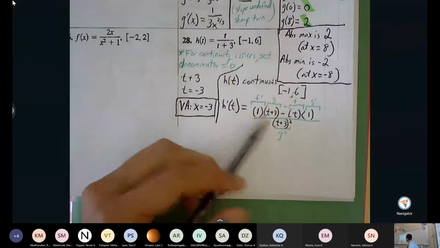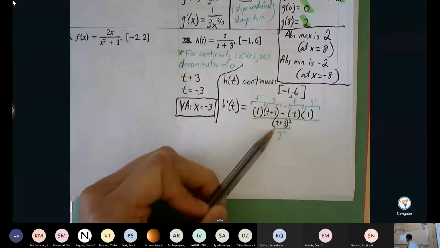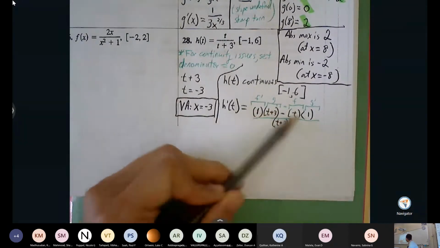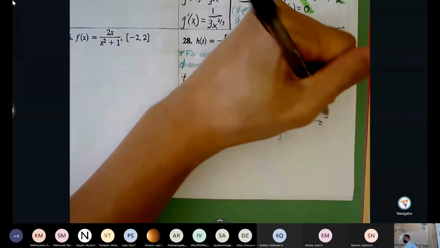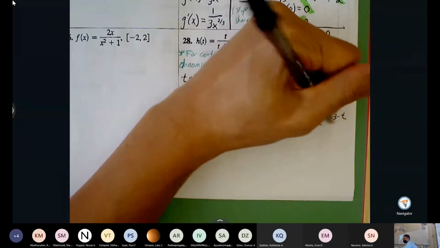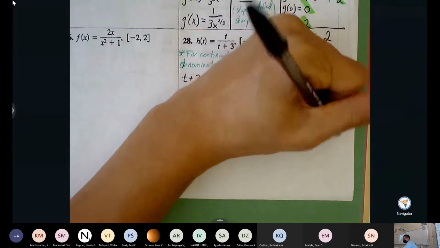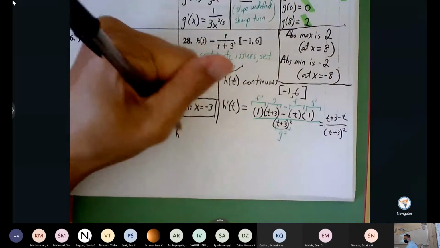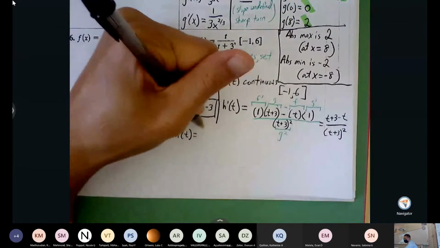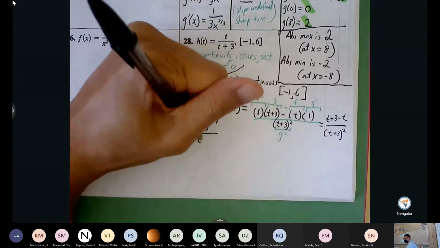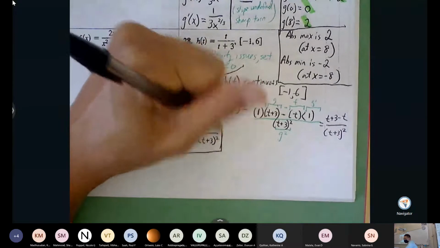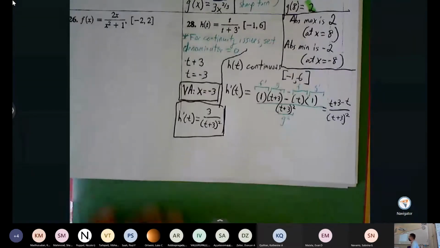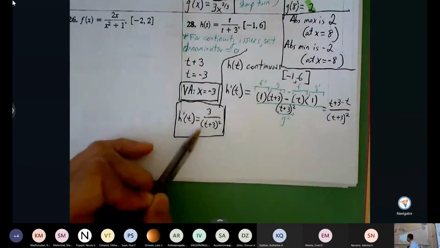Right? We got to clean this up, but careful, we don't clean up this way, right? We don't take this out. You got to just combine your terms up top. Okay, we have our derivative.